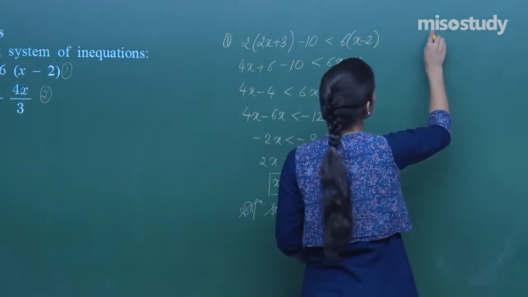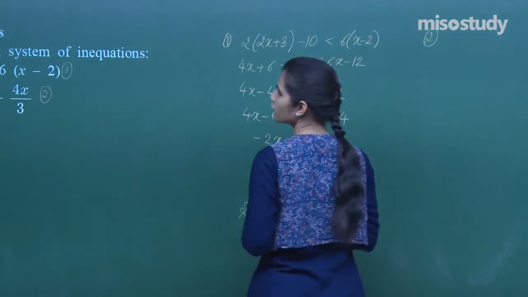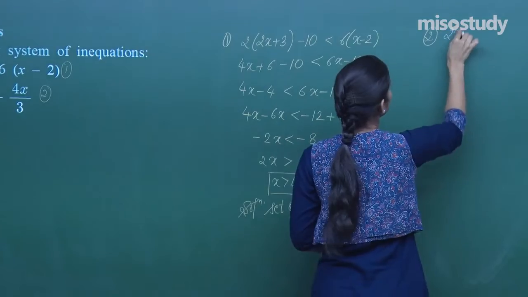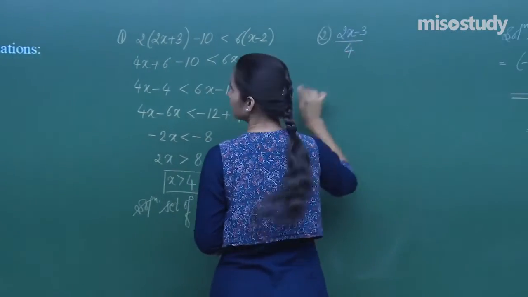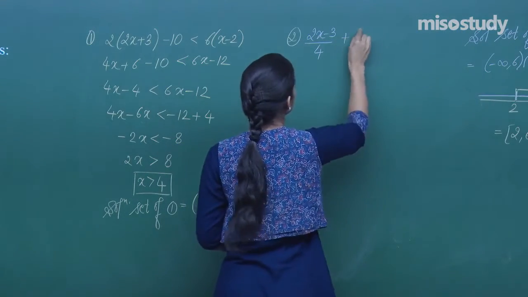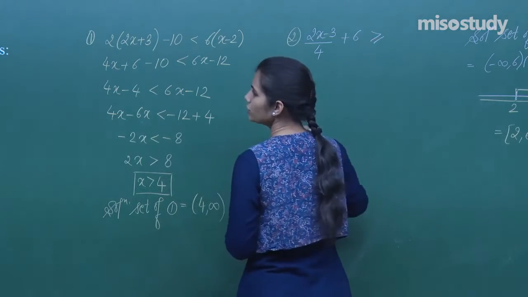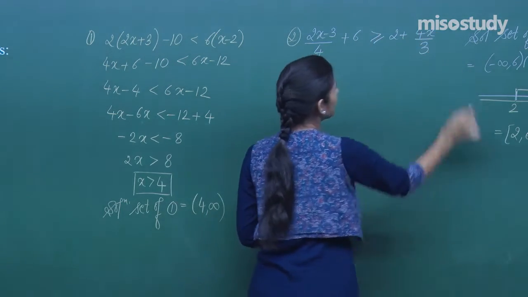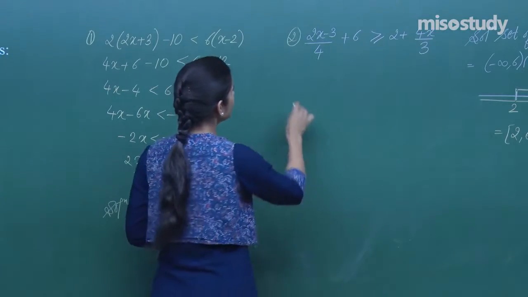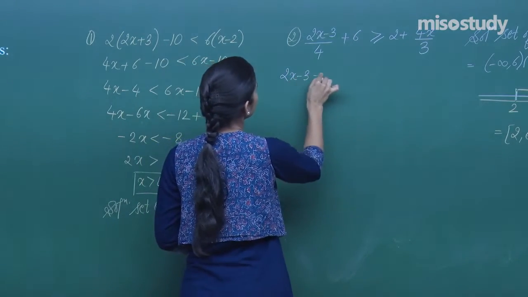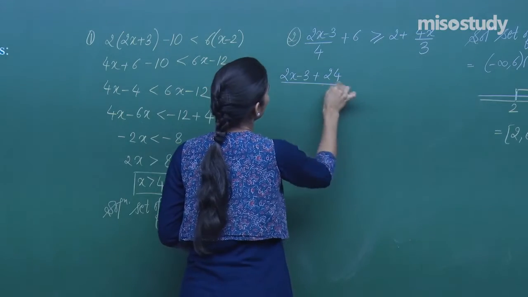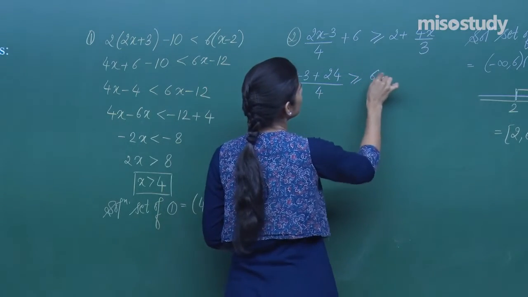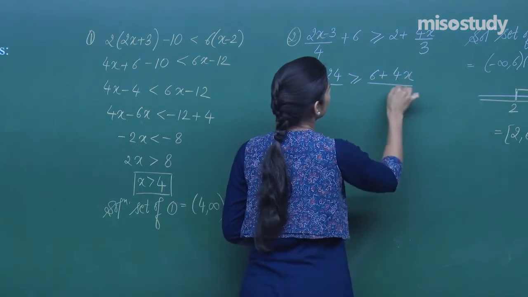Then the next one: (2x minus 3) upon 4 plus 6 is greater than or equal to 2 plus 4x upon 3. Just sort it out, you get (2x minus 3 plus 24) whole upon 4 greater than or equal to (6 plus 4x) whole upon 3.